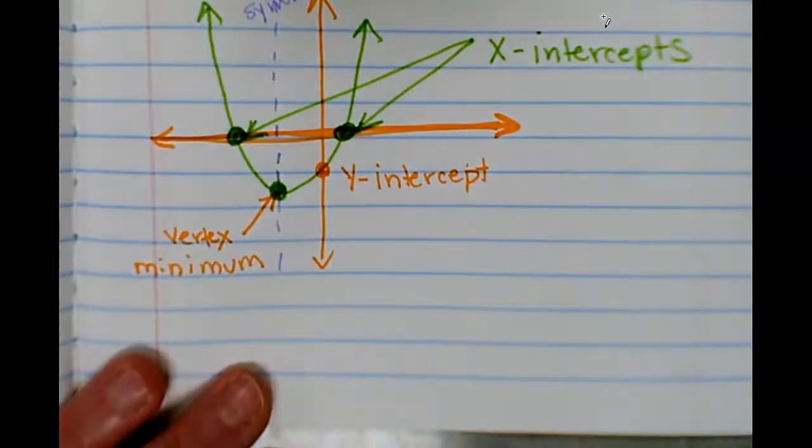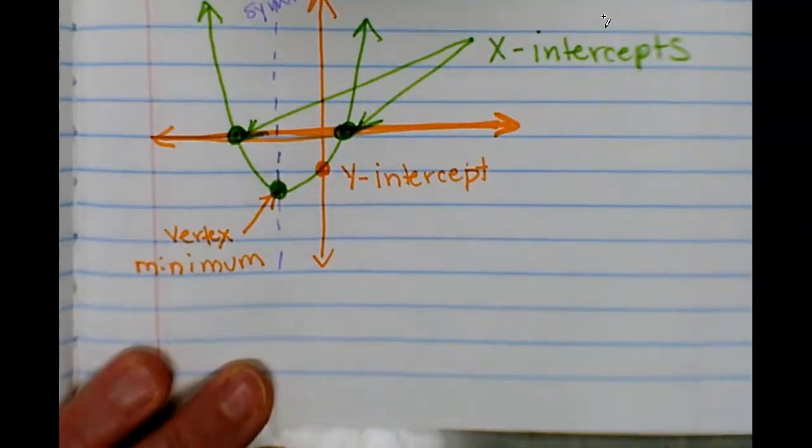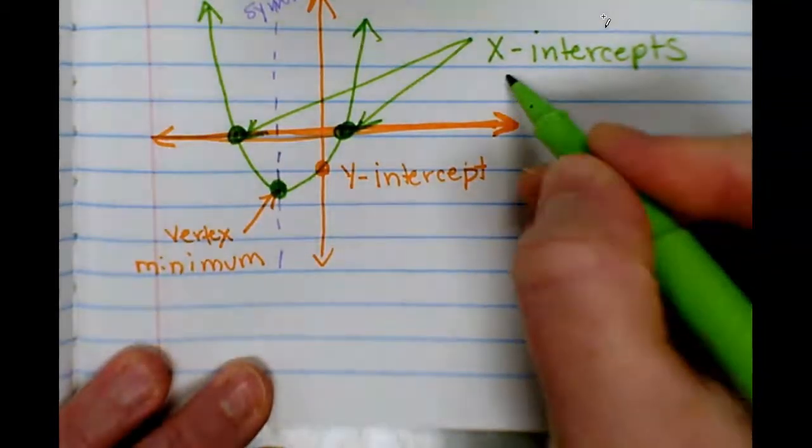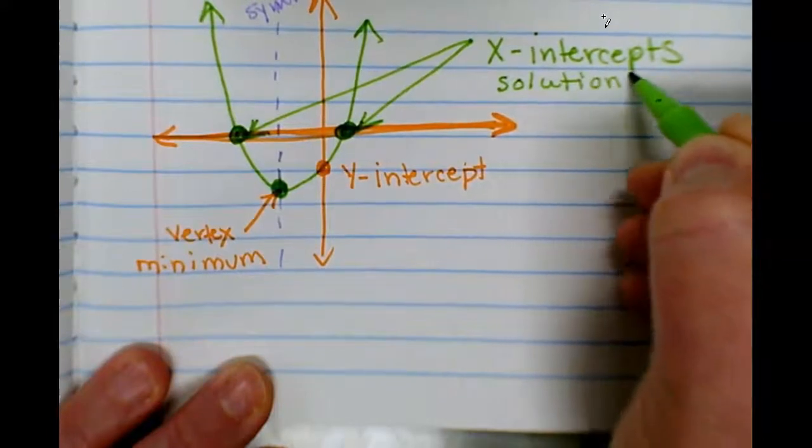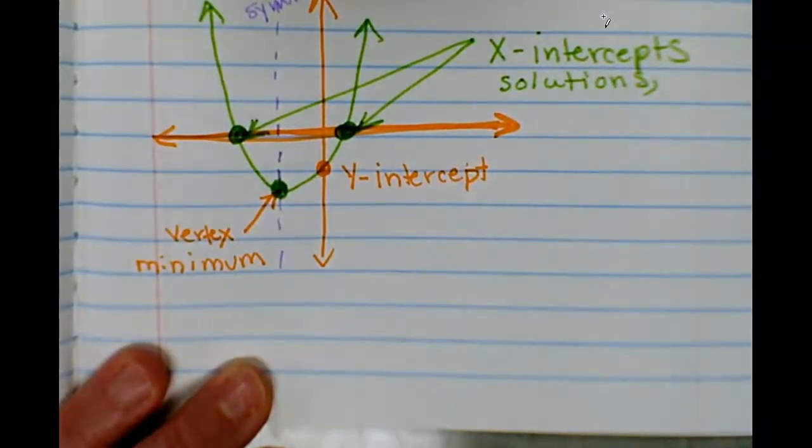That's what you are finding when you solve by factoring or the quadratic formula or completing the square. You're finding the x-intercepts. When you solve the equation and find the solutions, you're finding the x-intercept.